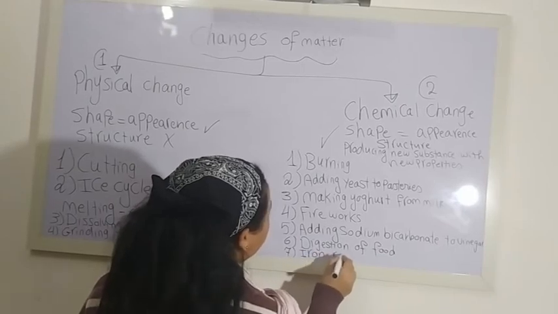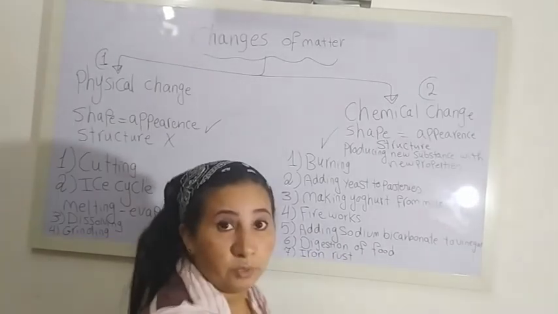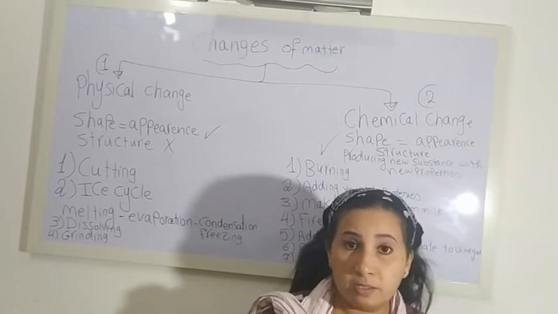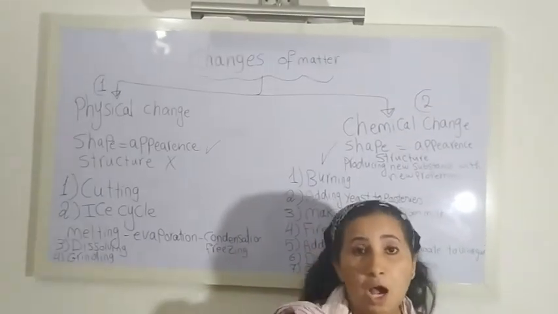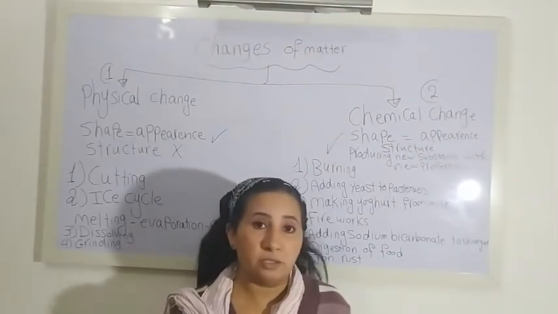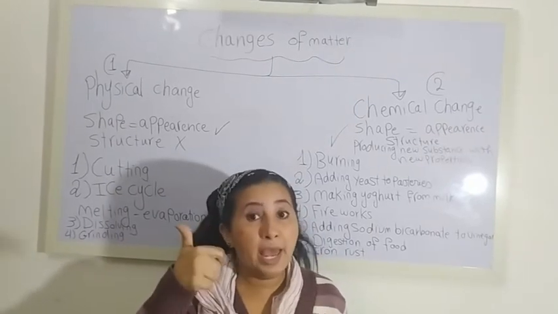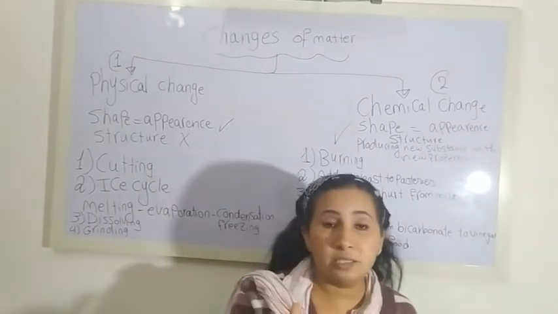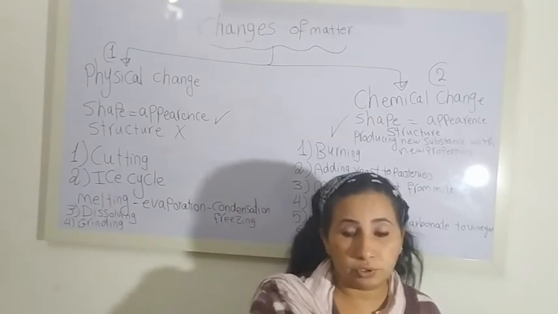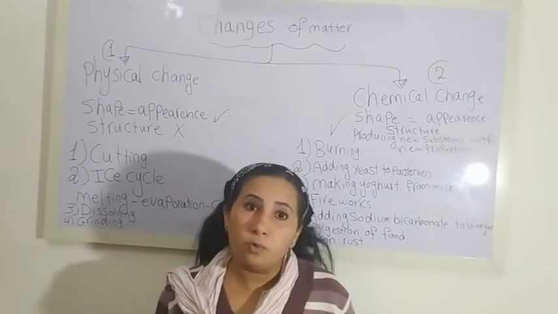Number 7, iron rust. You know, iron rust requires two things to occur. Iron rust needs air and water.